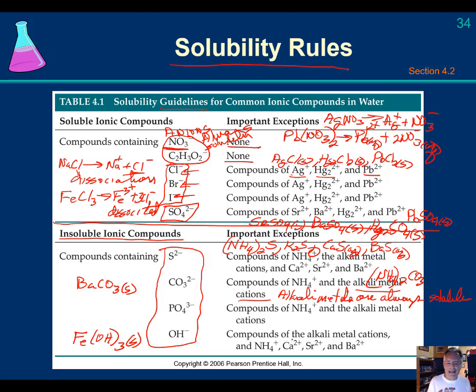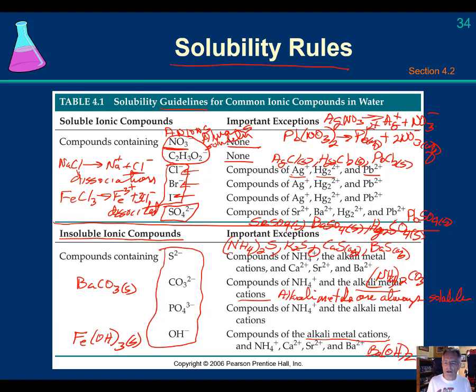But notice that the alkali metal cations are always going to be soluble with hydroxide. Those will be your strong bases. Ammonium hydroxide is soluble. Calcium, strontium, and barium hydroxide. So barium hydroxide.